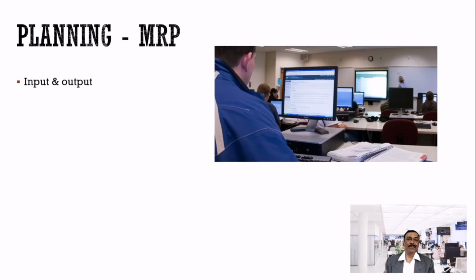We get the input from MPS, the previous process, which says for each of the end products what quantity is required. Now in the system it breaks down each end product into required components. I hope many of you are aware of BOM, bill of material. It is a document which says that for building a particular finished product, what components are required and what quantity is required.